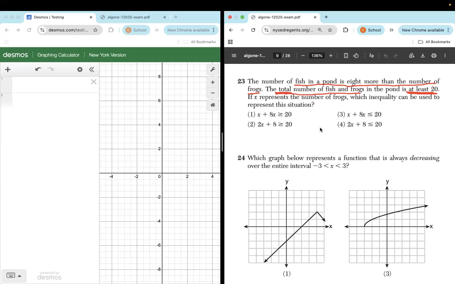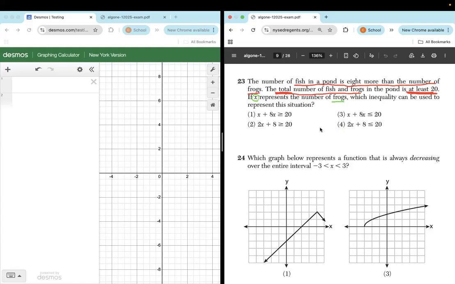If x represents the number of frogs, so now I have x as the number of frogs, which inequality can be used to represent the situation. For this kind of problem, anytime they give me a variable, I like to go back to the question, find what's represented by the variable, and put the x above it to help me read the sentence.